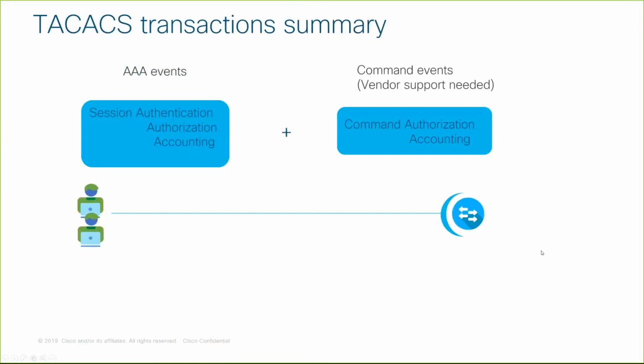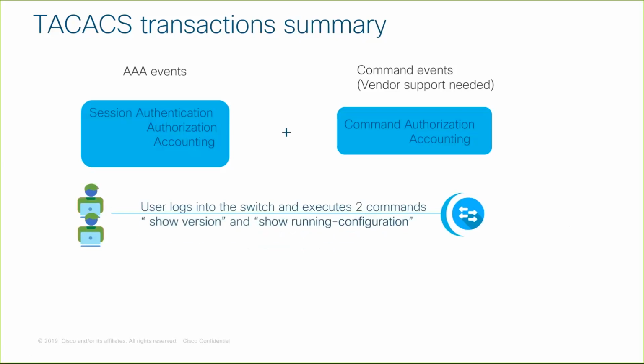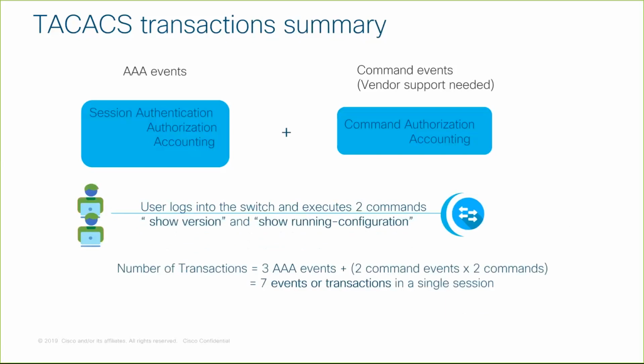Now, what happens here is that a user logs in to the switch or a router and executes, for example, a couple of commands: show version, show running config, right? Now the number of transactions will equal the three AAA events we talked about, plus the 2 command events. These command events are run per command.